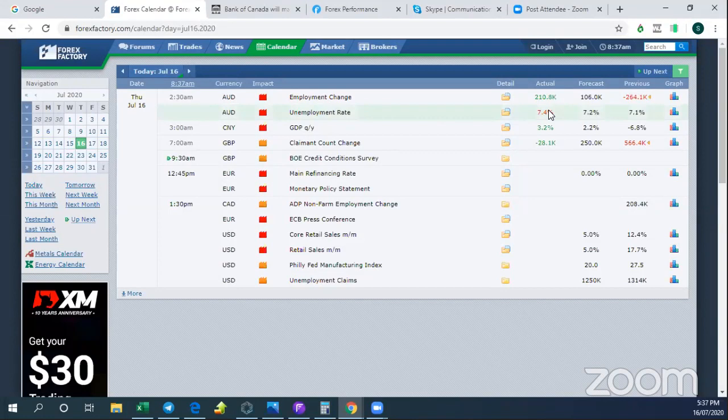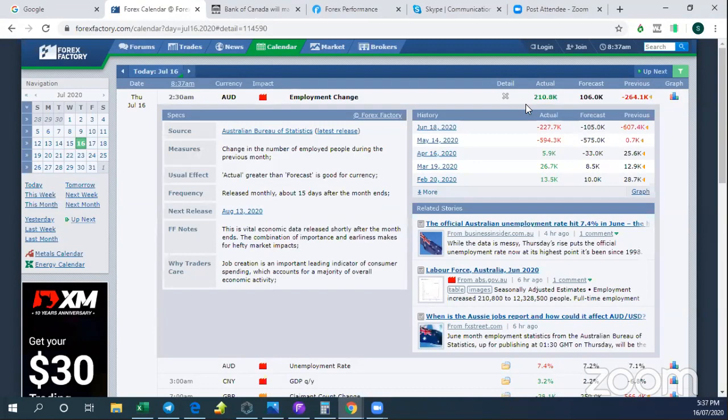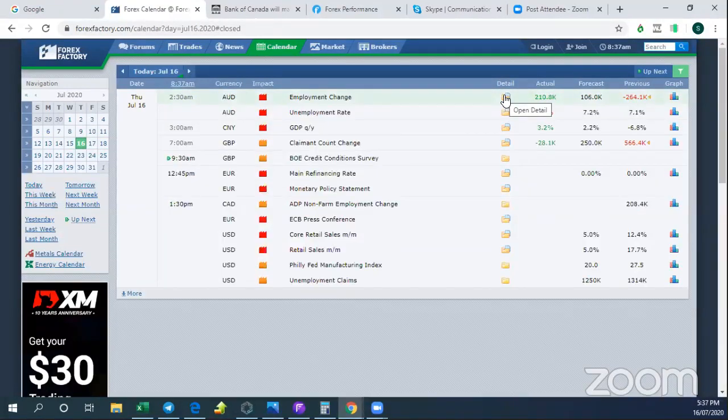Interesting about the Aussie today, where we had an employment change which was extremely positive. Extremely positive. So that's the number of people, or new jobs. No, it's not new jobs. What is it? Number of employed people during the previous month. Right. The big question here for me is what caused that?